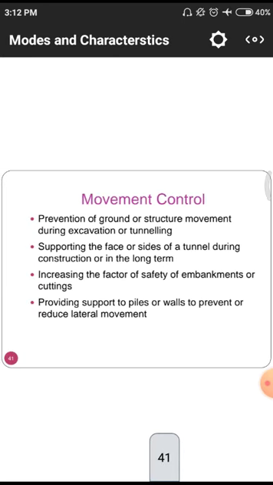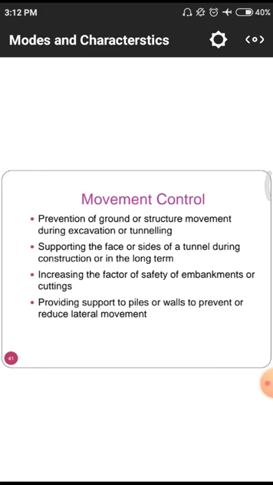Next one is movement control: prevention of groundwater or structural movement during excavation or tunneling. Next is supporting the face or sides of the tunneling during construction for long-term procedures, increasing the factor of safety of embankments or cuttings, and providing support to piles or walls to prevent or reduce lateral movement.